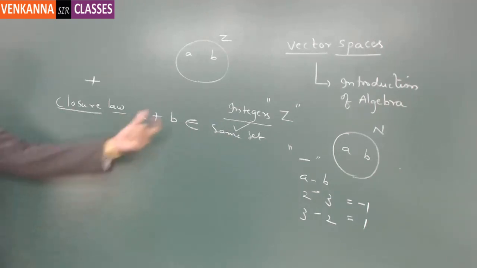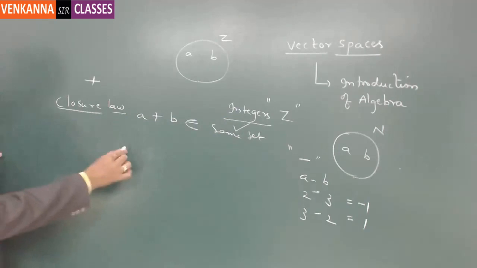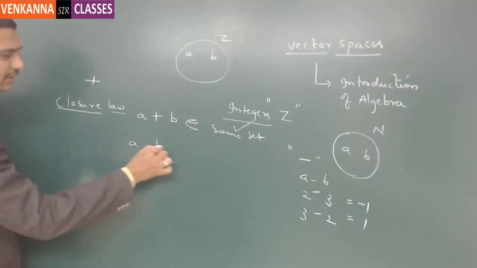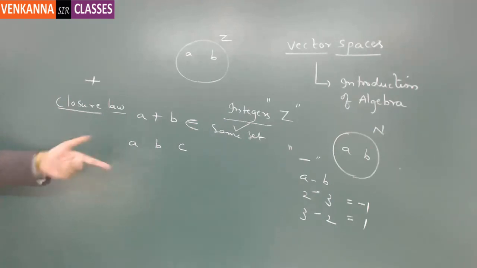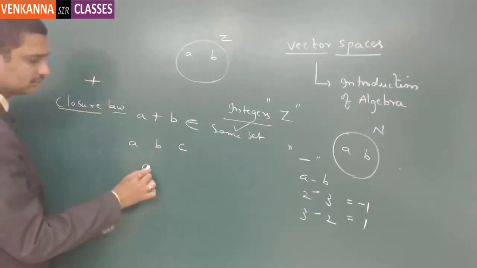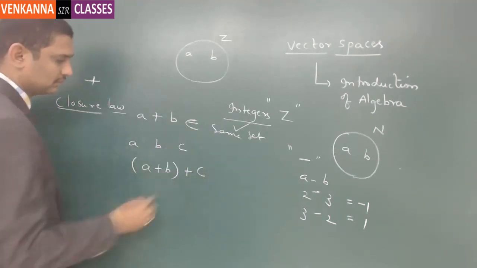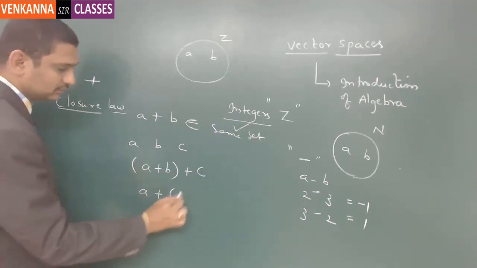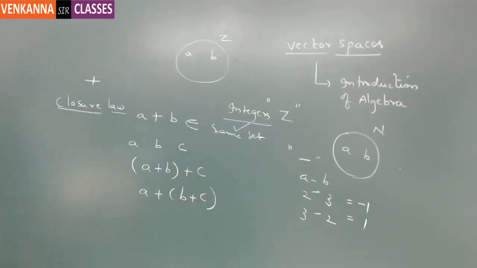Now, again in the integer set, you take three values a, b, c. You can add them in either way. Whichever way you add, the result is the same.